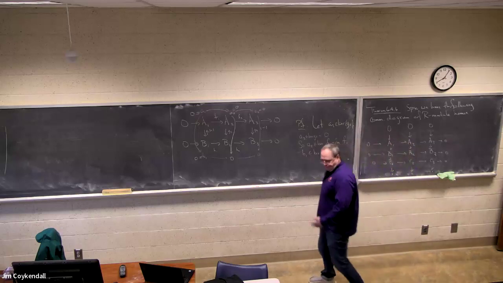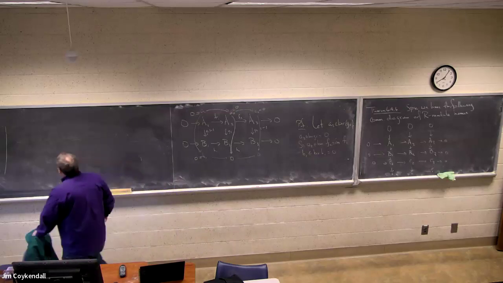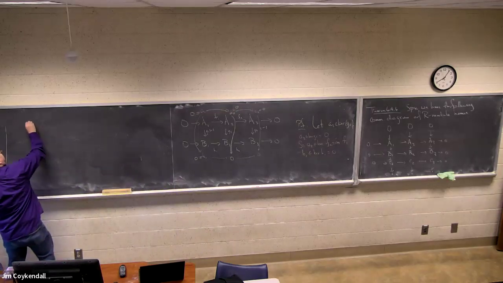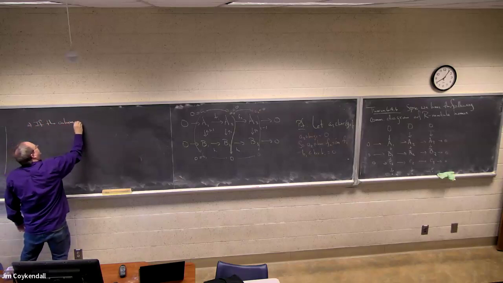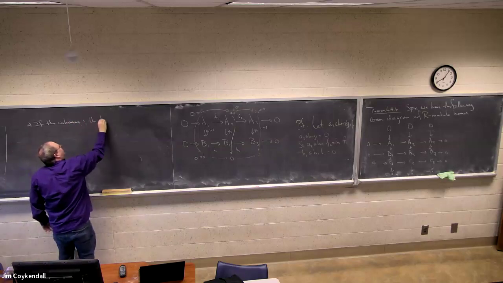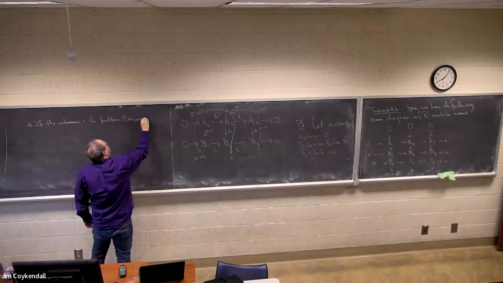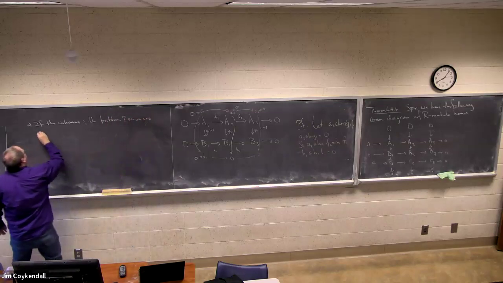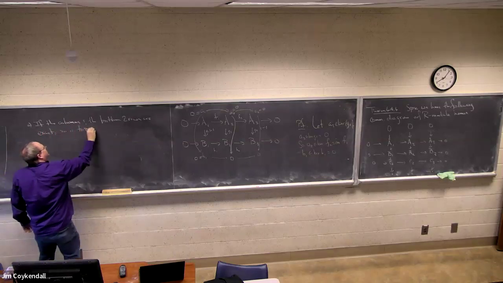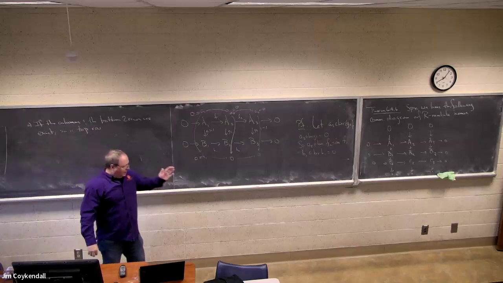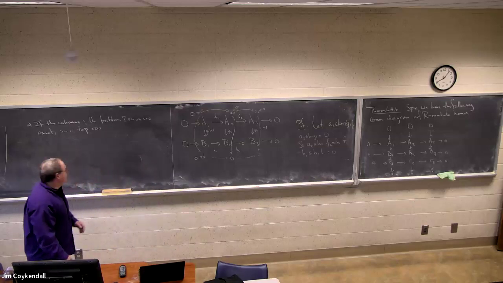So we've got this 3x3 thing. So we have the following. A, if the columns and bottom two rows are exact, then the top row is exact.